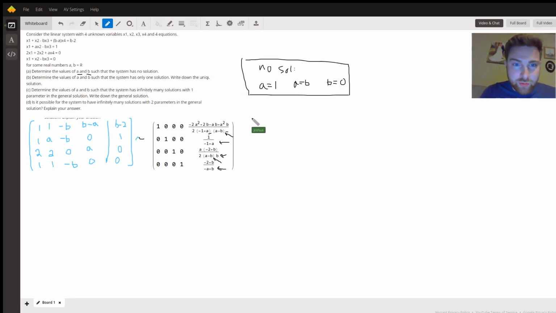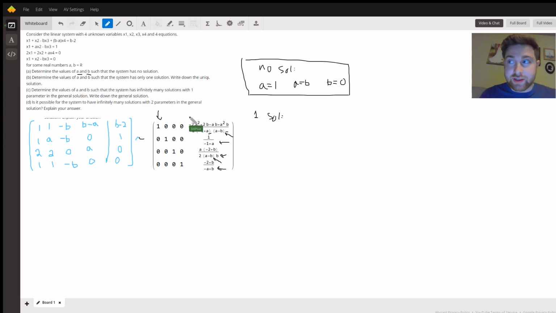So we can figure out where there's going to be one solution. Notice that there's no free variables. Notice that there's a pivot in every single column, every single one of the variable columns.